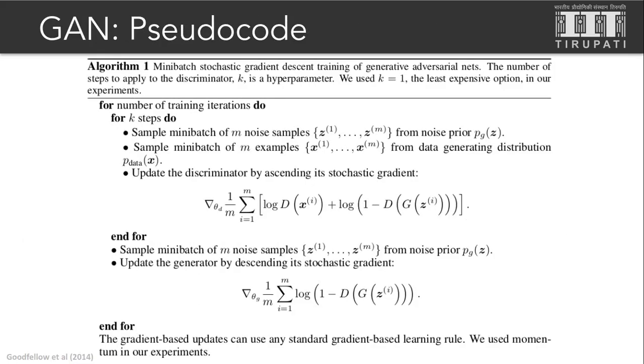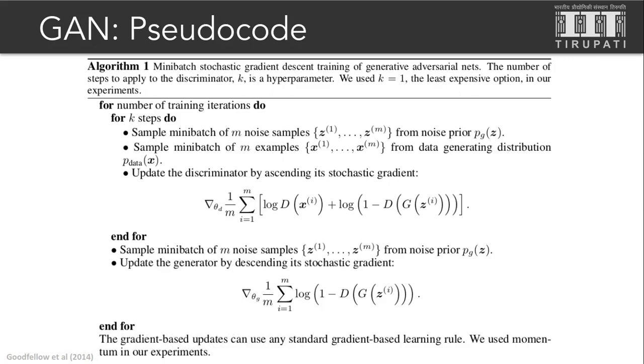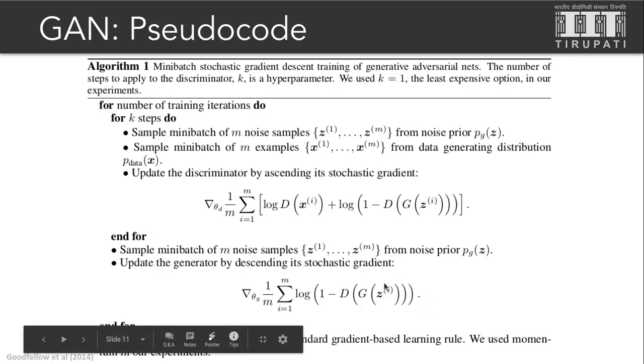Now moving on to some of the implementation details. Here what we do is that we run this algorithm in steps. First we update the parameters of the discriminator, and then we update the parameters of the generator.